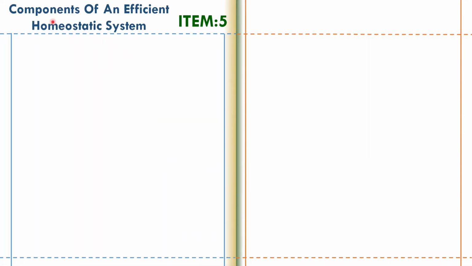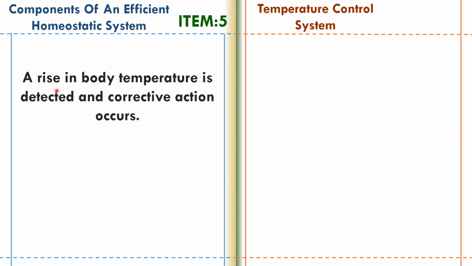Now let's go to components of an efficient homeostatic system. Item 5. Focusing on temperature control system. A rise in body temperature is detected and corrective action occurs.